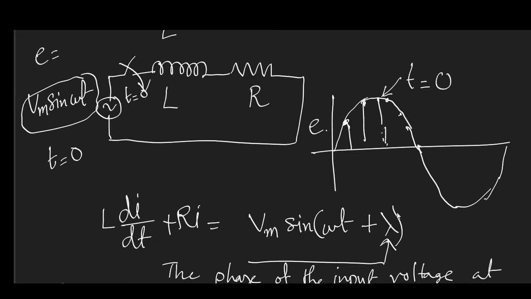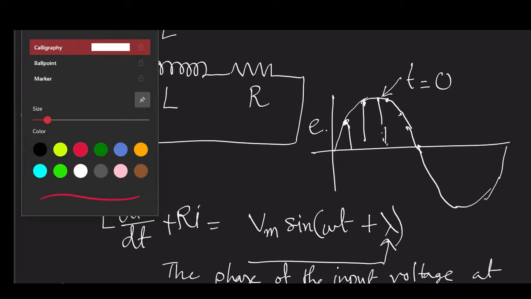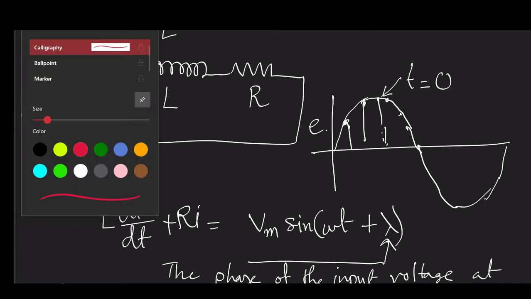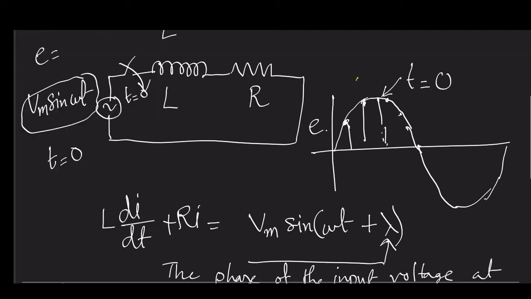Now, how to discuss whether dE/dt is greater than 0 or not is the easiest thing: if we draw a tangent to this curve, and this tangent has a positive slope, then dE/dt is greater than 0.